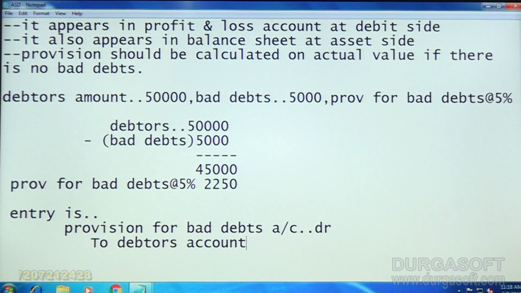In this way we need to calculate the provision for bad debts.